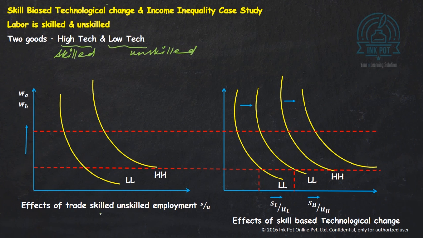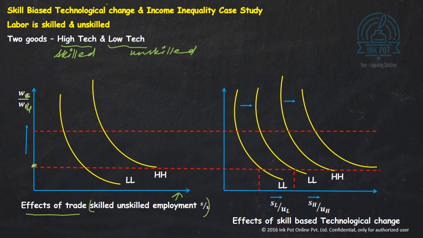So if we have two countries, these are the two curves that we get. So what happened here? This is the effect of trade. This actually is the x-axis here. Initially we were here at this WS by WU, the wages of skilled labor divided by the wages of unskilled labor.